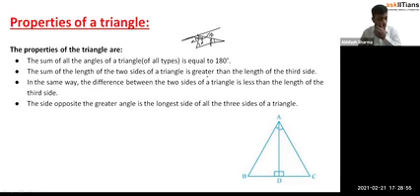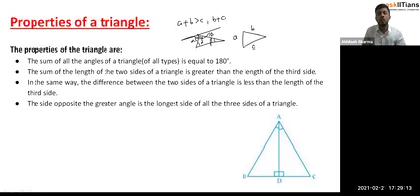The sum of the lengths of any two sides of a triangle is greater than the length of the third side. So basically, if you take any random triangle with sides a, b, c, then a plus b would be greater than c, then b plus c would be greater than a, then c plus a would be greater than b. Very basic. This is in fact known as the triangle inequality, which is very useful, and the proof is actually very easy also.